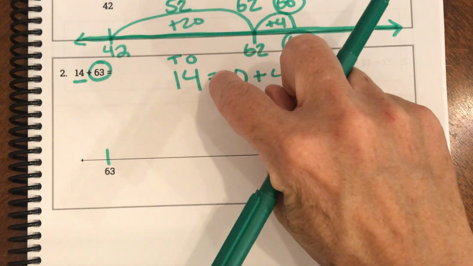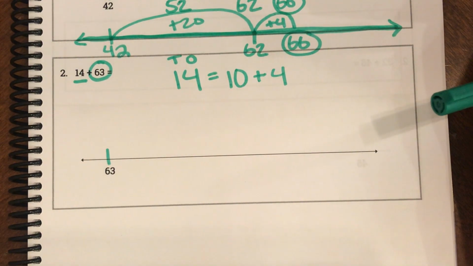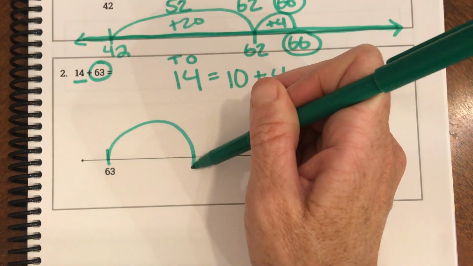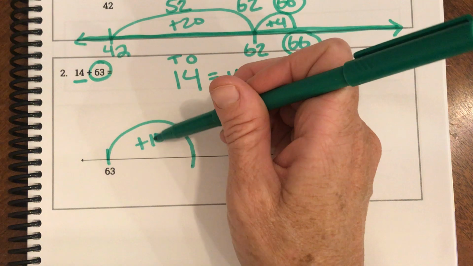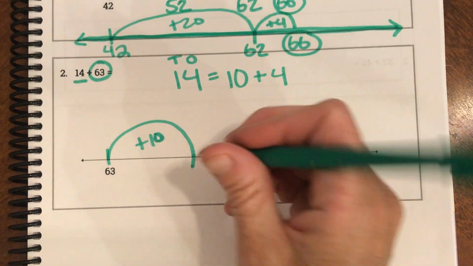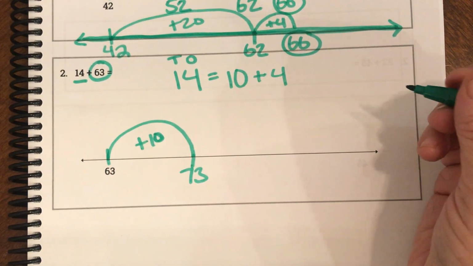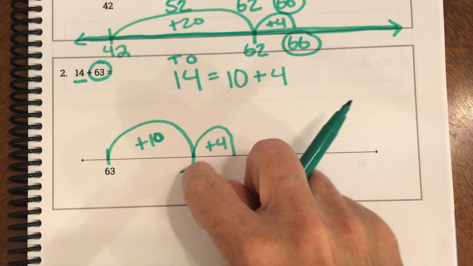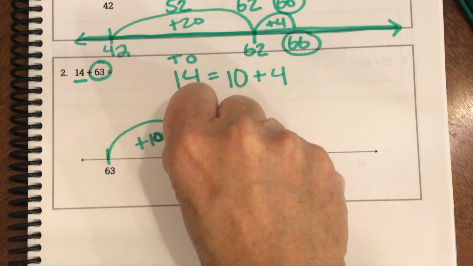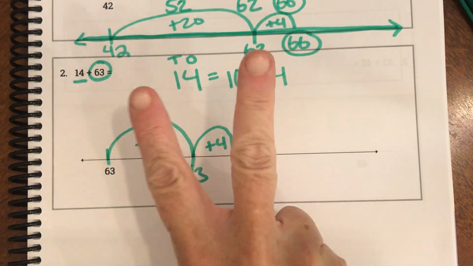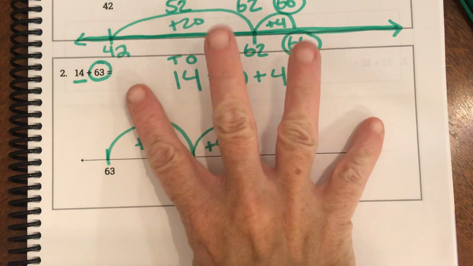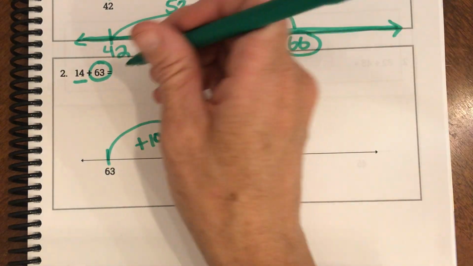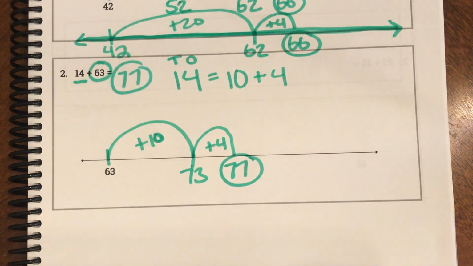So 14 is the same as 10 plus 4. Okay, so then I'm going to do 63 plus 10. So 63 plus 10 would be 73. And then 73 plus 4, so I could say 73, 74, 75, 76, 77. So our sum is 77.